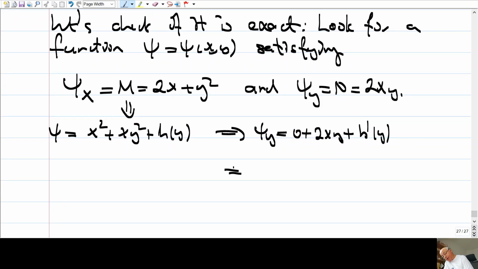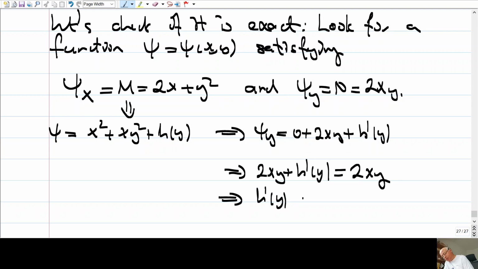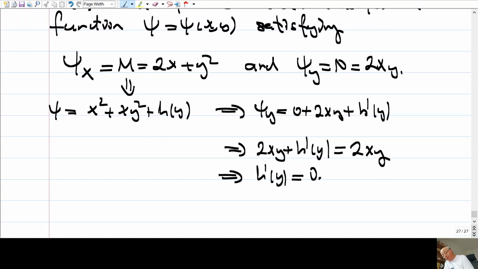So from this we get 2xy plus h prime of y is equal to psi sub y, but that's equal to N, and that is 2xy. And from this we see that the one variable function h has derivative 0. Now h is a function of a single variable, which is y, and its derivative is 0. Therefore, this h of y is really a constant, okay?